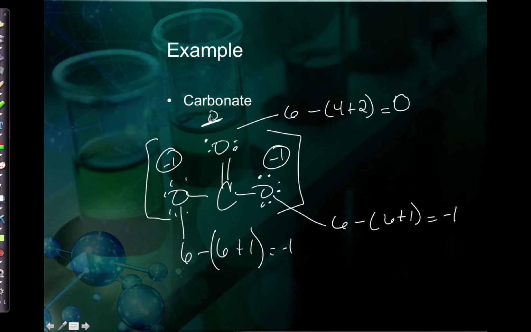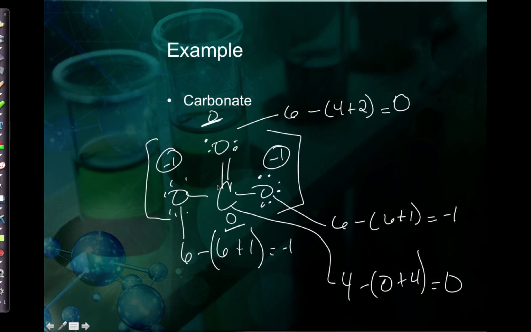All right, so I have 0 formal charge here, a negative 1, a negative 1, and then carbon would be 4 valence electrons minus the number of lone electrons, which is 0, plus the number of bonds, 1, 2, 3, 4, which would be 0. So 4 minus 4 would be 0.